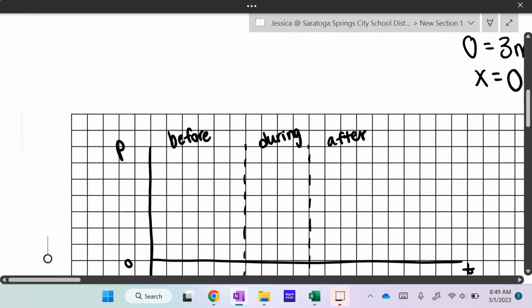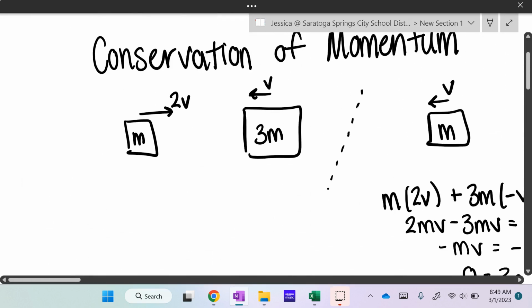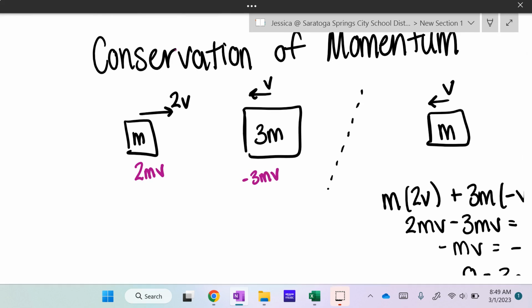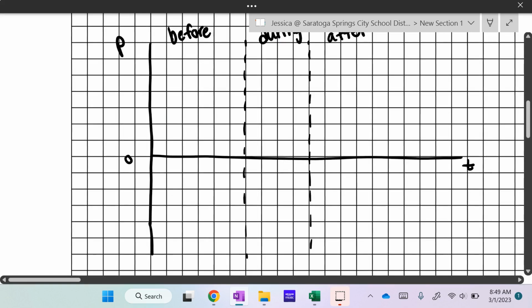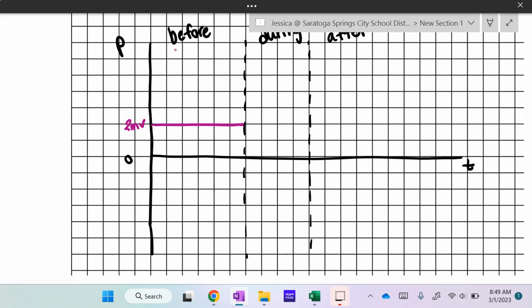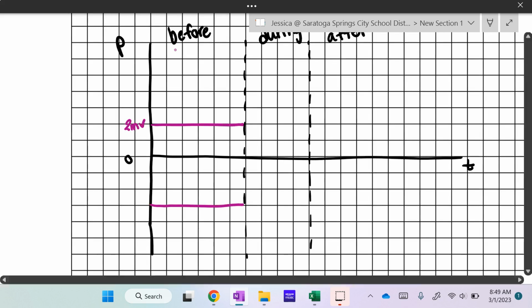So before, we have one object that has a momentum of 2mv and another object that has a momentum of negative 3mv. So I have a 2mv and a negative 3mv.